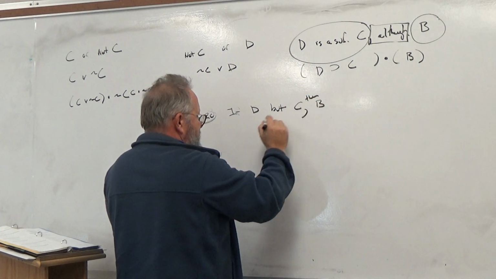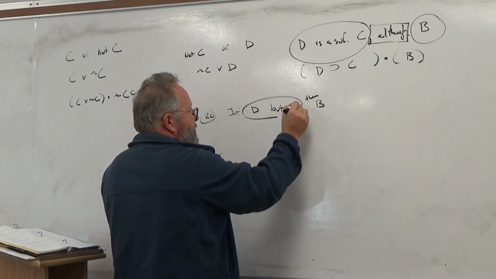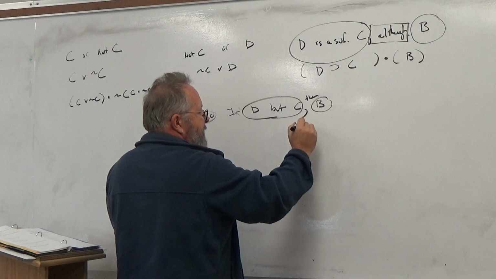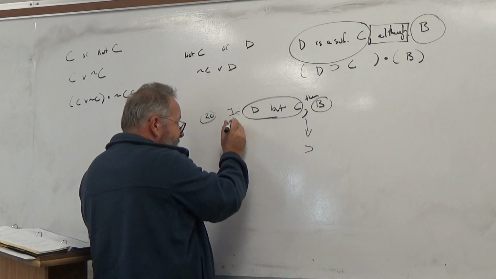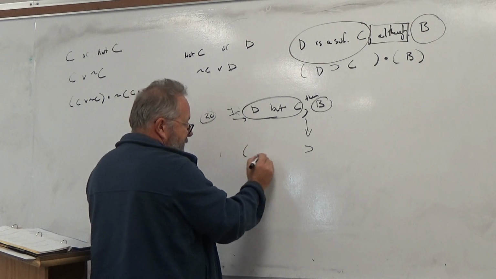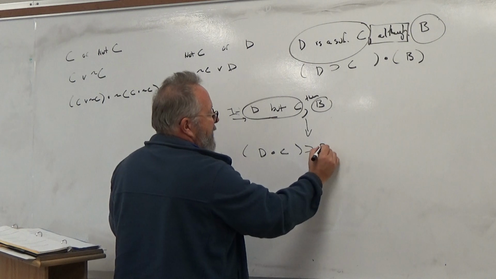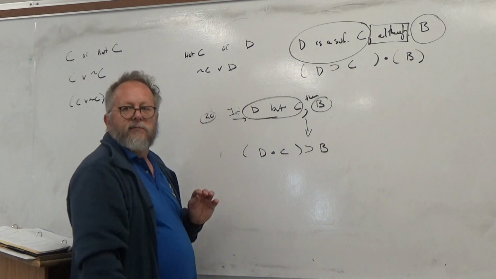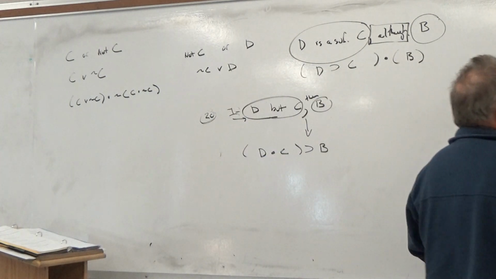This is implicit. So we have an if-then. So all this stays together and all that stays together. Main operator is a conditional. All this stays together as the antecedent because it follows the if. Okay, D but C then B. Okay. All right.